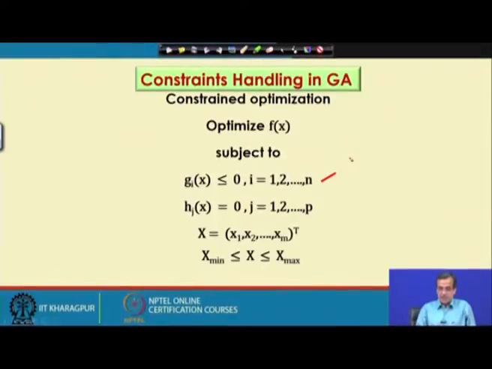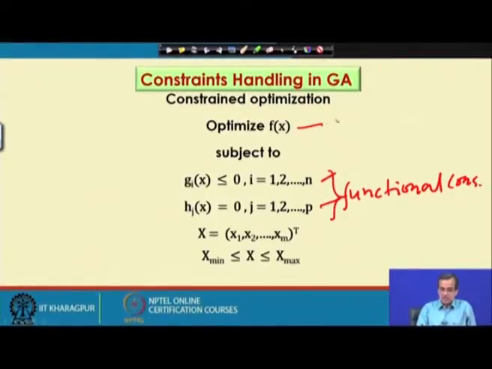So, this is one functional constraint, and this is the inequality constraint. Next, we have h_j(x) equals 0, j varies from 1 up to p. This is the equality constraint. These are nothing but the functional constraints.